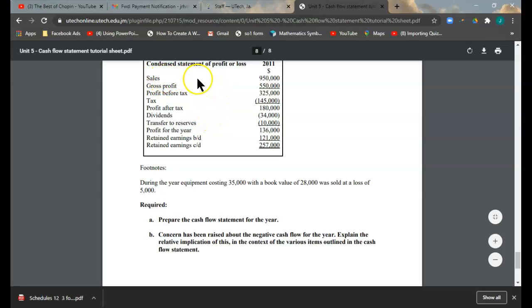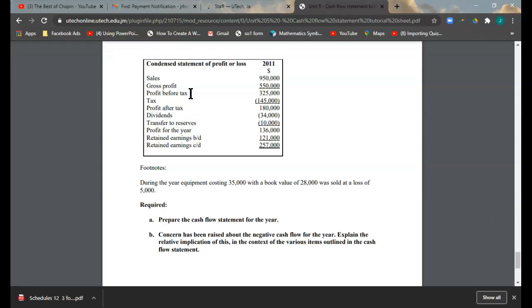We see sales, we see gross profit, we see profit before tax. Now, if you remember from your company accounts, profit before interest and tax was a line in itself on that document, but you found it somewhere before the line that is saying profit before tax.